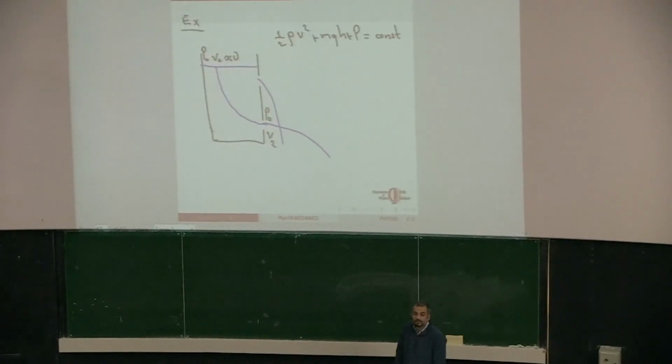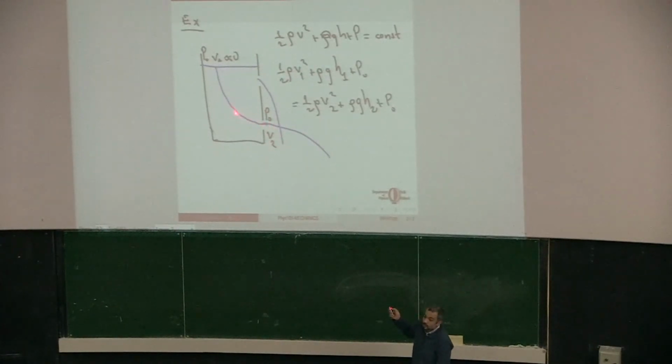The density of the liquid will be more or less constant. It will not change under the pressures relevant in this problem. So we know that 1/2 rho V1 squared plus rho g H1 plus P0 is this quantity evaluated at this point along the streamline. This should be equal to 1/2 rho V2 squared plus rho g H2 plus P0.